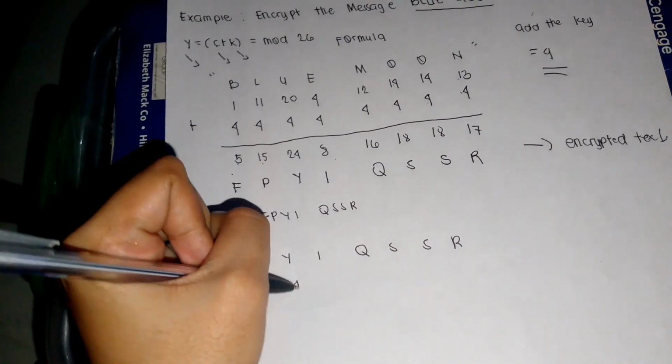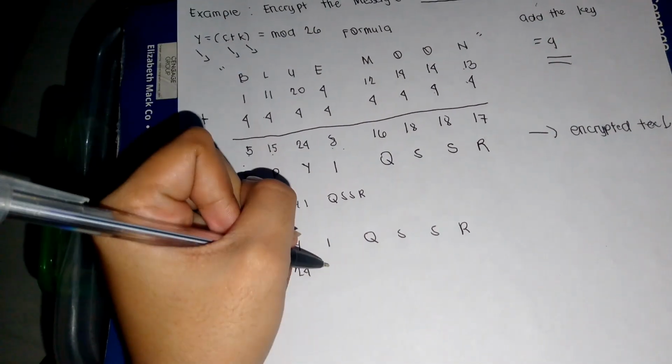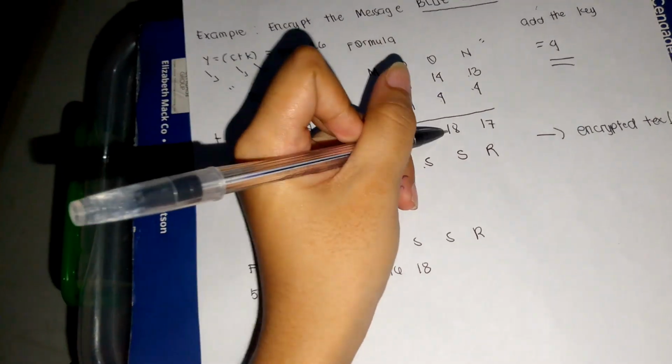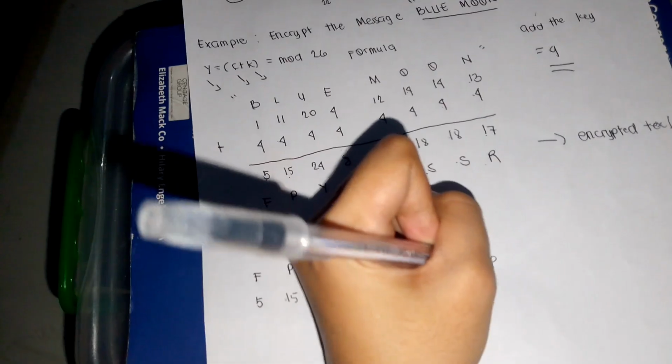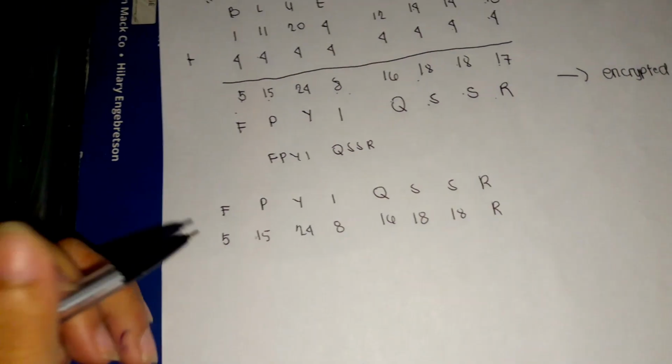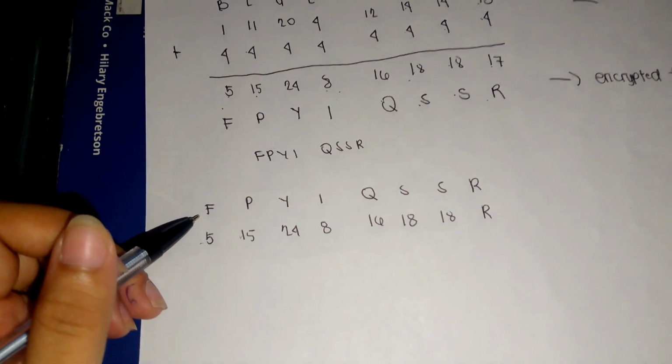15, 24, 8, Q is for 16, S is for 18, S is 18 again, and 17 is for R. Just like that one. So we already have the corresponding numbers of the letters.